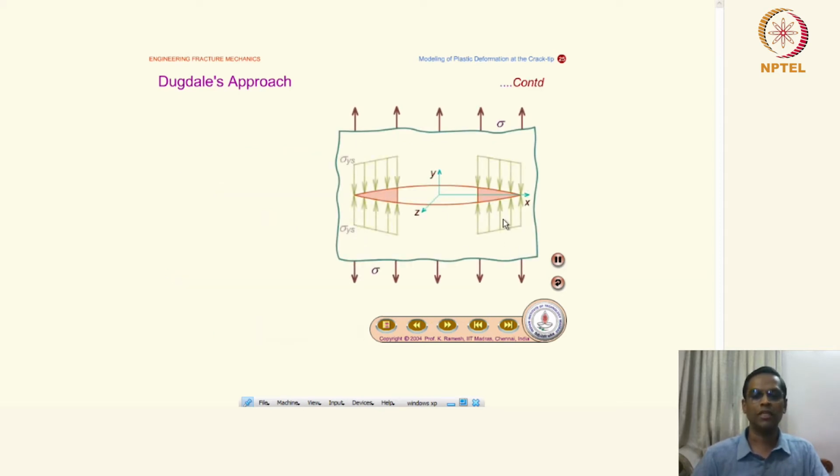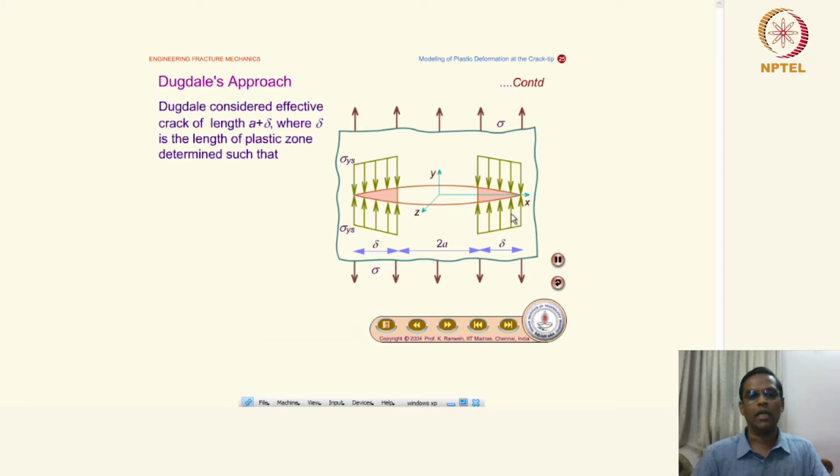So this is a central crack in an infinite plate subjected to uniaxial loading. The crack length is 2a, and the plastic zones are δ and δ, so you have 2δ plus 2a. Okay, so what is shown here?